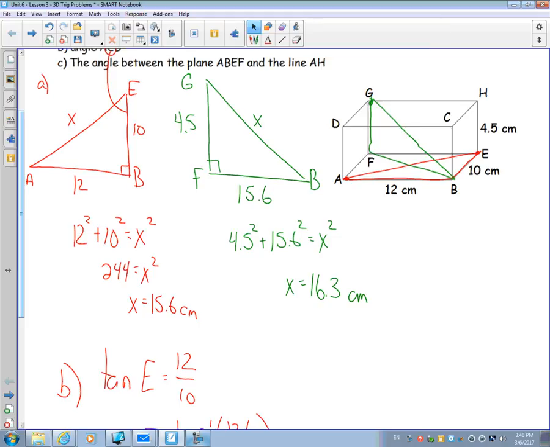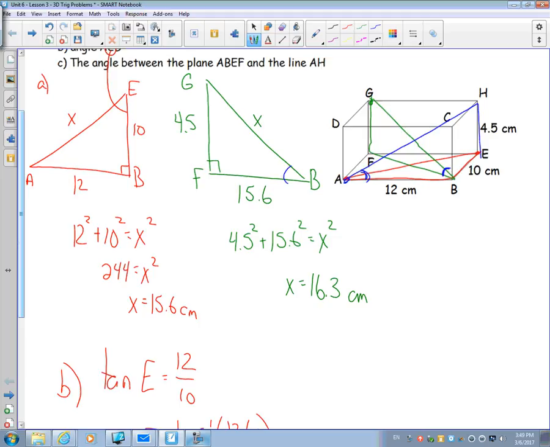In part C, the angle between the plane ABEF, that's the bottom of our thing, and the line A to H. So A to H is the one that goes from corner to corner. Basically, the same angle that's being formed here is the same one that was formed over here. Okay, the angle at B. So I actually have all the information I need.